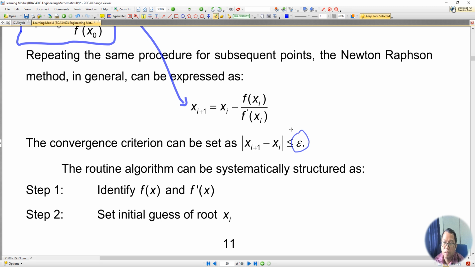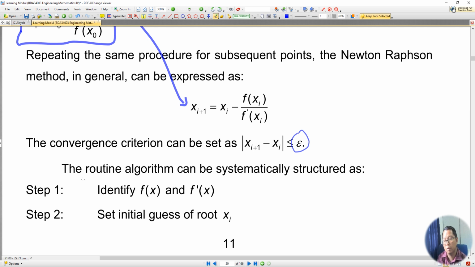So the routine algorithm can be systematically structured as follows. Step 1 is to identify f(x) and f'(x). So first, if you get the equation, you have to differentiate it. Again, for me, step 1 is to construct the table based on the required method.